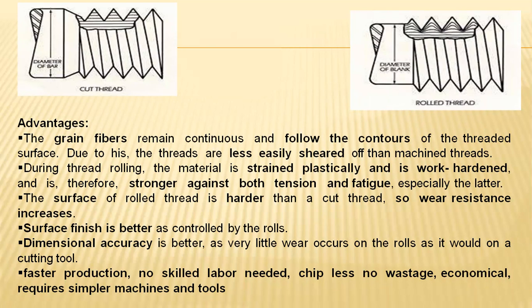By this, the threads are less easily sheared off than the machined threads. See here we have a detailed point. Due to the continuous flow of these fibers and contours, it is less easily sheared off than the machined threads.